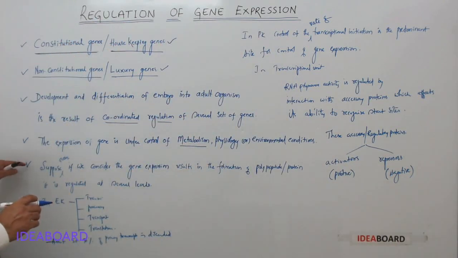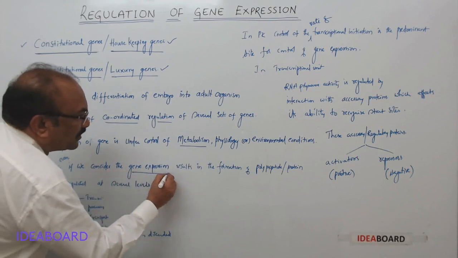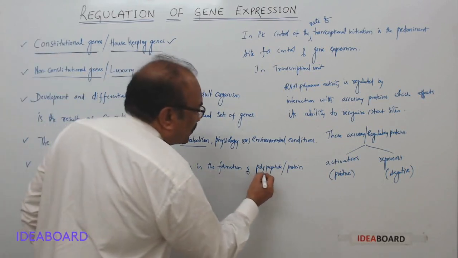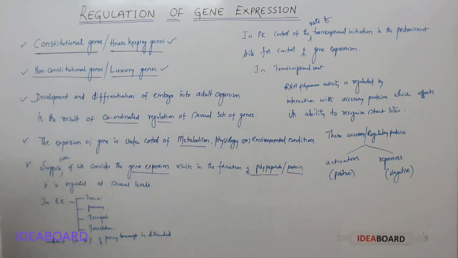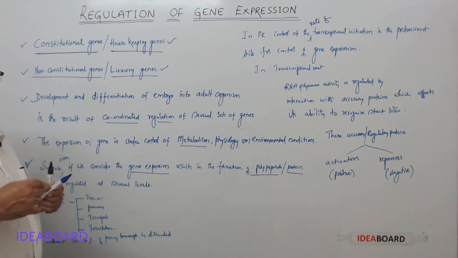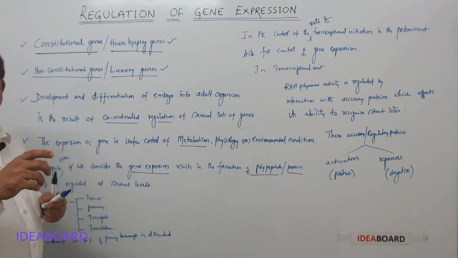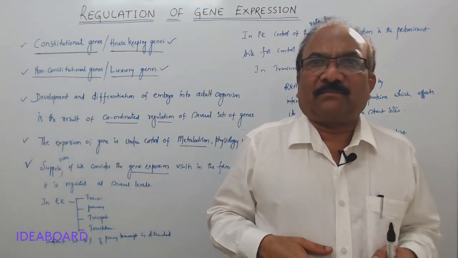Suppose we consider the gene expression resulting in the formation of a polypeptide chain or protein. Suppose we take this condition, where the gene is expressed and a polypeptide chain is formed. That is, during translation, the mRNA is translated into a protein.